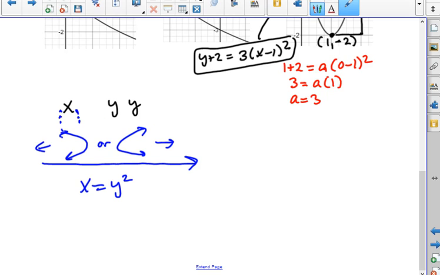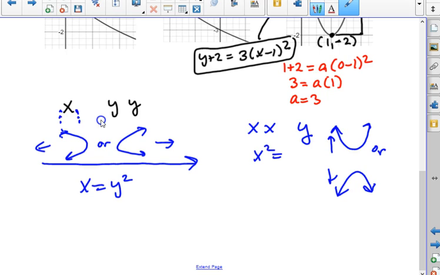Now if the Y twin had been missing, if I had 2 X's and a Y missing, then I'd be looking in the Y direction for the missing Y value. So if I have y equals x squared, the graph's going to go up or down depending on what the leading coefficient is. It could be positive or negative. If I have x equals y squared, the parabola is going to point right or left.